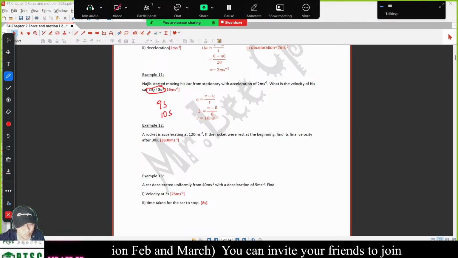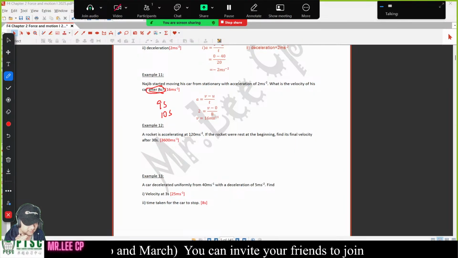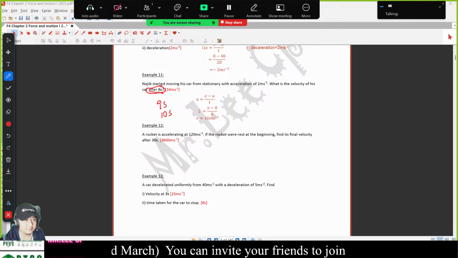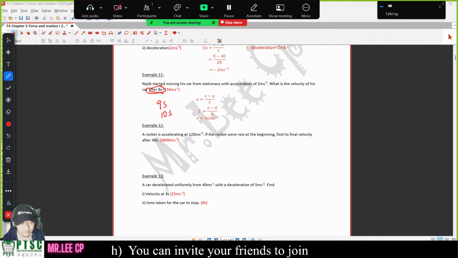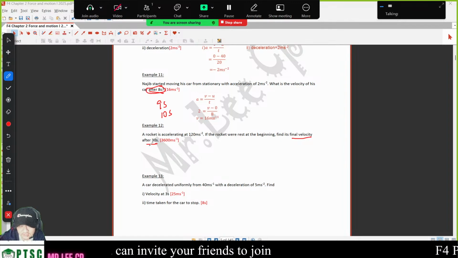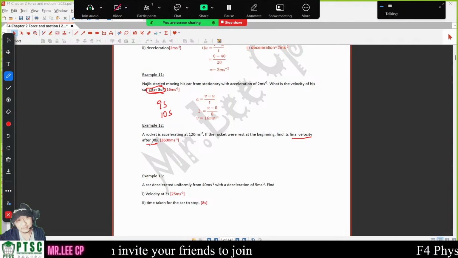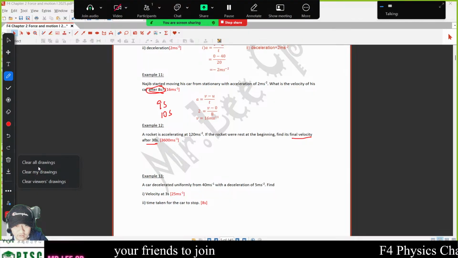No. In physics, we call after at second is at second. They are the same thing. So not after at, it is like 9, 10. So what is the velocity after 30 seconds? Not 31, not 32, 35. It is 30 seconds. Okay, you have to take notes of this.